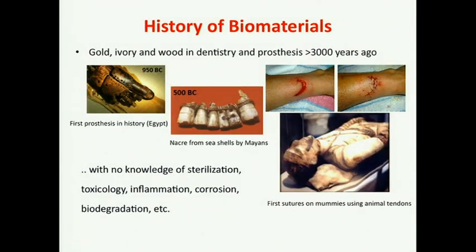I'd like to talk a little bit about the history of biomaterials, how this whole thing came into life. It started more than 3,000 years ago, and we see from the history that Egyptians and all the other old people used this kind of biomaterials in their practices with no knowledge of sterilization or toxicology, inflammation, this kind of things, but they used it.